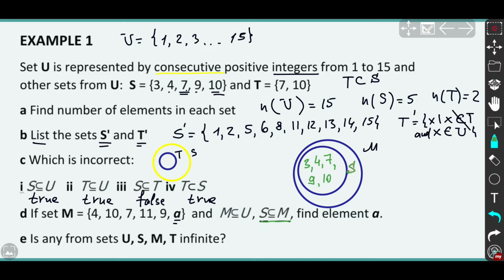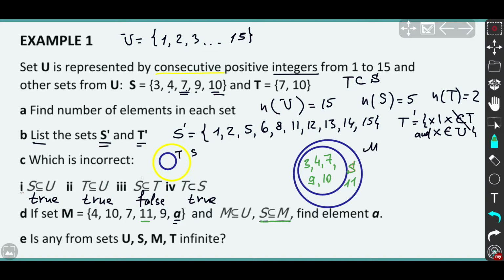Because M has elements like 11 and element A, we definitely can say that 11 stays somewhere apart from S. So it doesn't adhere to S, but M contains this element. However, what about A?